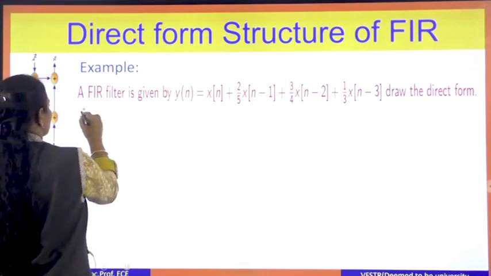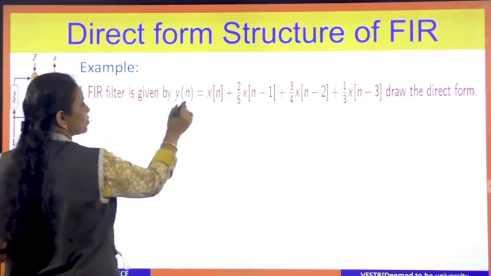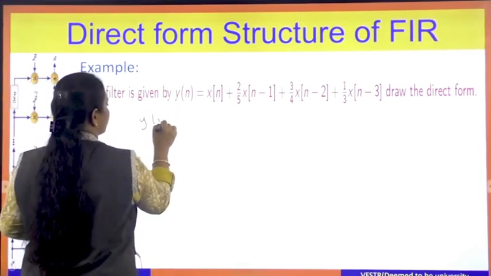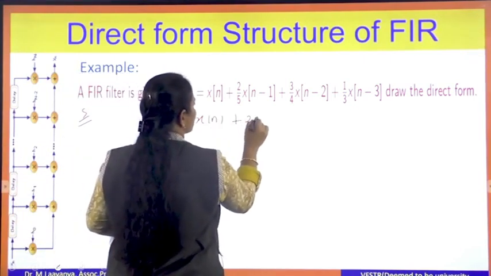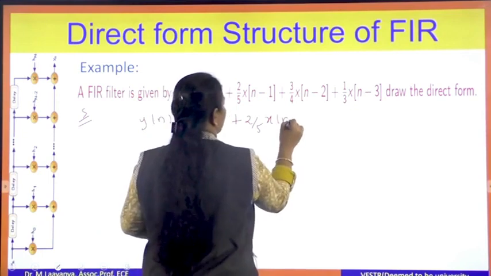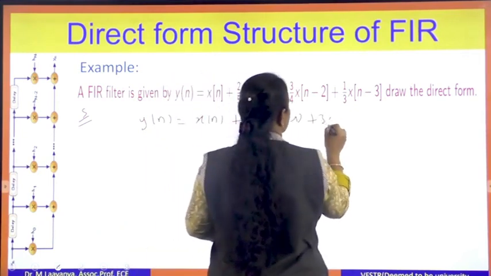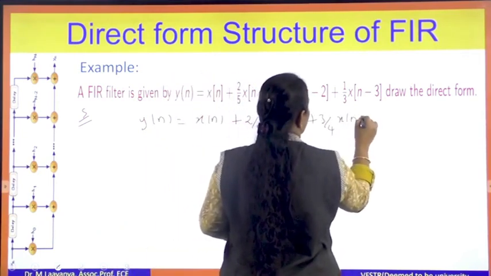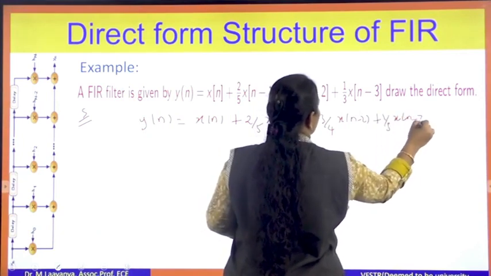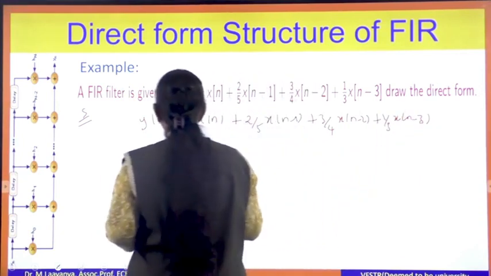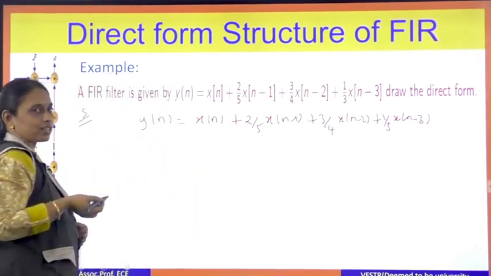Here the solution they have given is y of n. So y of n is equal to x of n plus 2 by 5 x of n minus 1 plus 3 by 4 x of n minus 2 plus 1 by 3 x of n minus 3. So they have asked for the direct form structure.